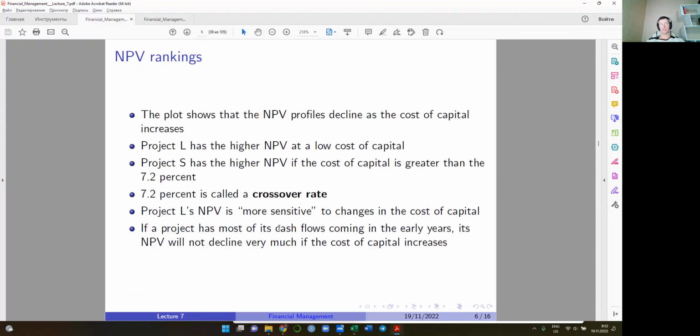So if a project has most of its cash flows coming in the early years, its net present value will not decline very much if the cost of capital increases. So basically, if you're able to get your money back sooner, faster, net present value of your project is not going to be that sensitive to the interest rate change.